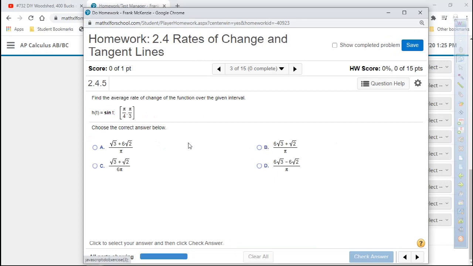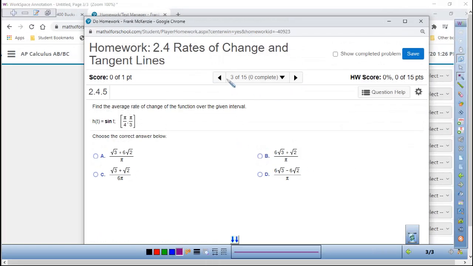All right, so I skipped over this one when I did the video earlier, because you guys need to know what your unit circle values are. So in this case, this is from 2.4 again, rates of change in tangent lines, number 3.